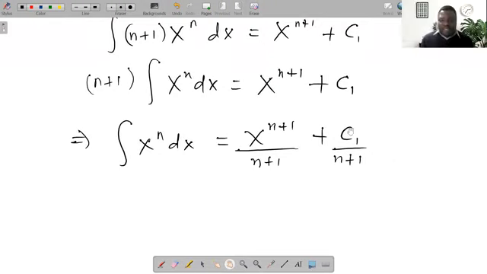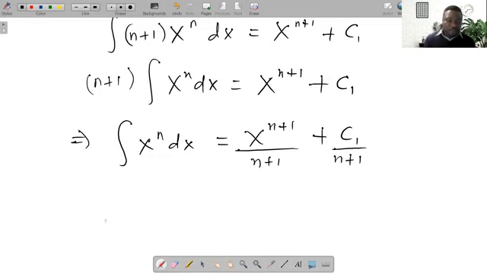Now, if you look at this carefully, the C1 is itself a constant. And if it is divided by n plus 1, which is also a constant, then the whole thing is going to be some constant that we don't know. So in that case, I'm going to use a big C for all of that.